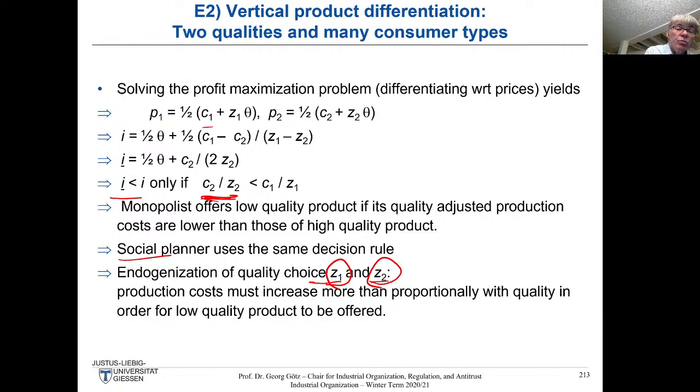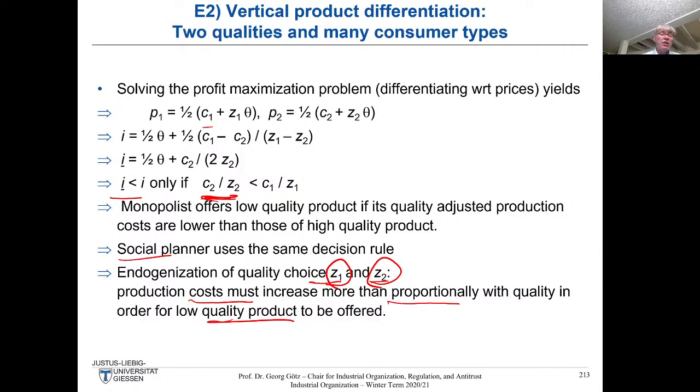Again, suppose we have our BMWs. What is clear is that the 7 series has higher production cost than the 1 series. And the point is, we offer both different product lines if the production costs increase more than proportionally with quality. Only then do we also offer the low quality product in this setup.